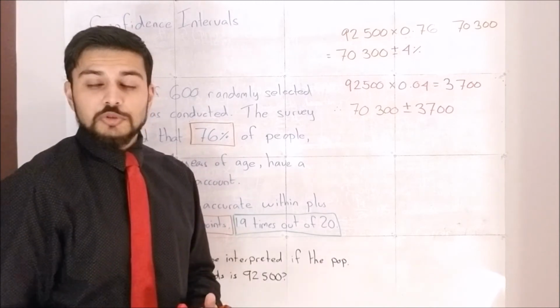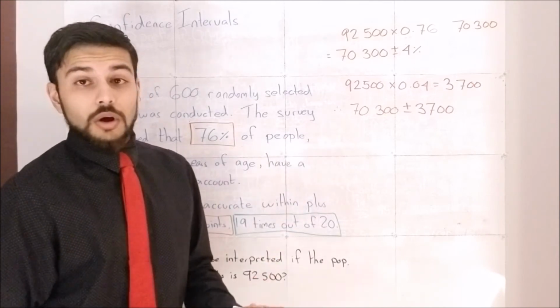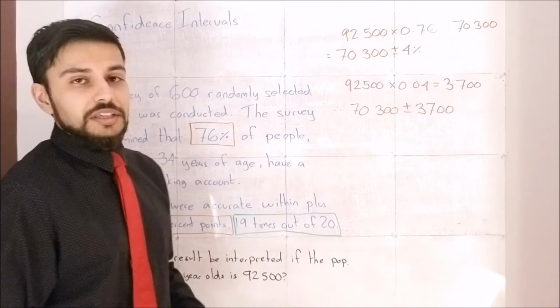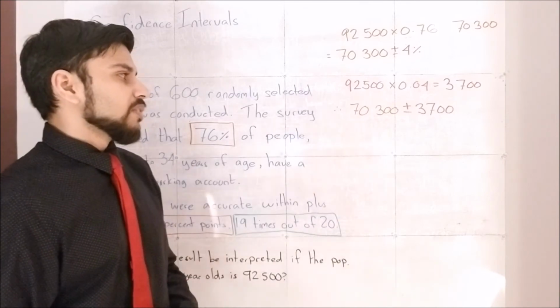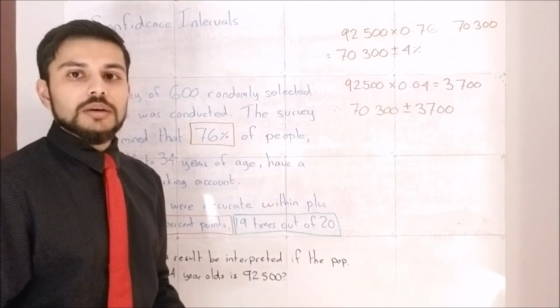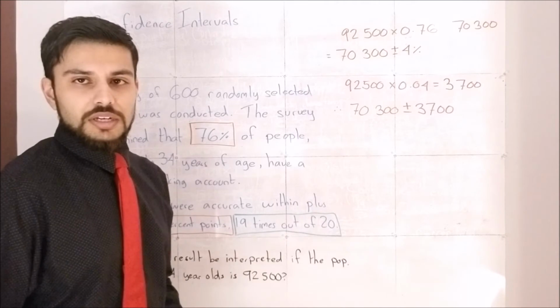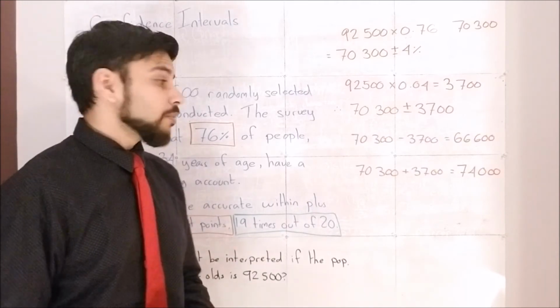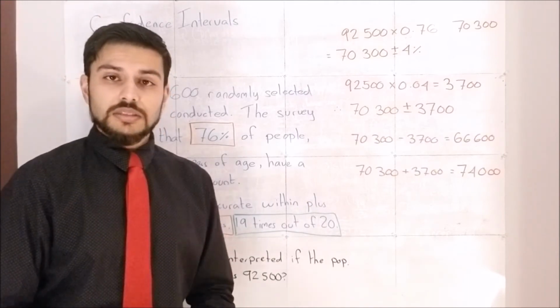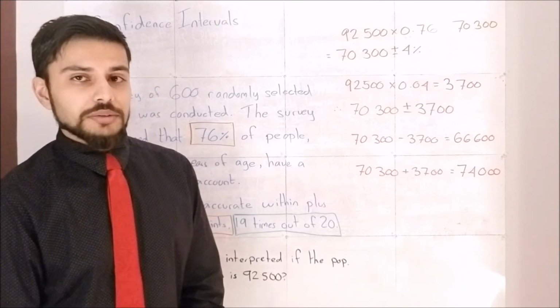Okay, so the next step would be to figure out what my confidence interval is. Well, I've already done all the hard work, I'd say. I just got to calculate what those numbers are. So 70,300 minus 3,700 will be my lower limit, plus 3,700 will be my positive or higher limit. So let's take a look and see what that looks like. Okay, so my lower limit ends up being 66,600, and my upper limit ends up being 74,000.